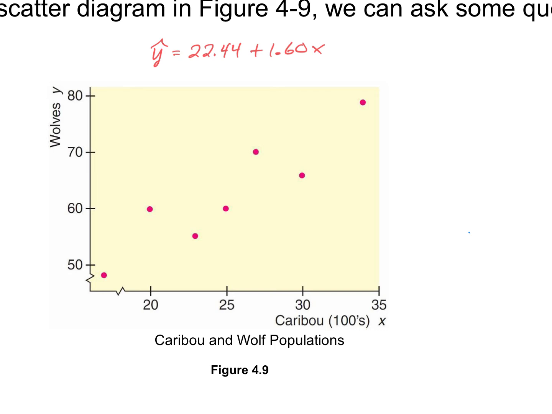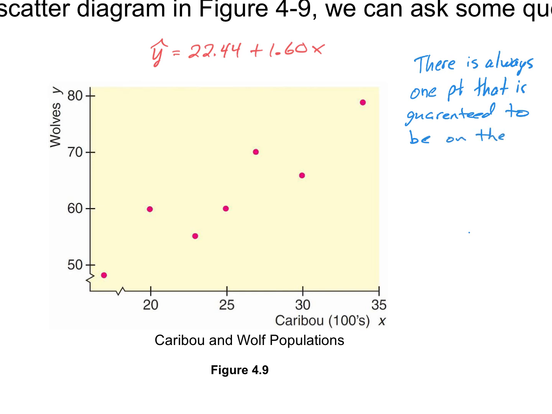You must use what I'm about to do right here. So there is always one point that is guaranteed to be on the least squares line.